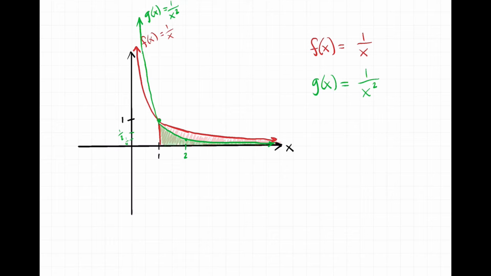I'm looking for the area under the curve when x goes from 1 to infinity. So there's no upper bound to the x value here. But it might be that our area might still be finite. We don't know, because that little tiny sliver of area that gets smaller and smaller as you go to the right may actually have a finite area in total. We're not sure. How do we figure this out?